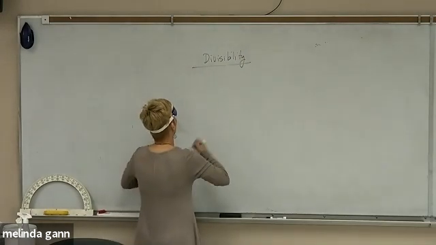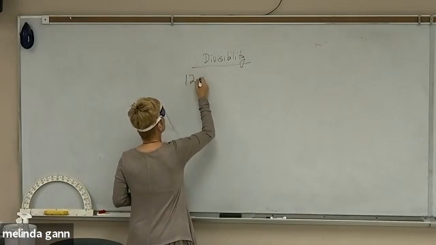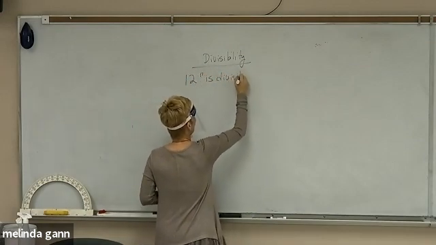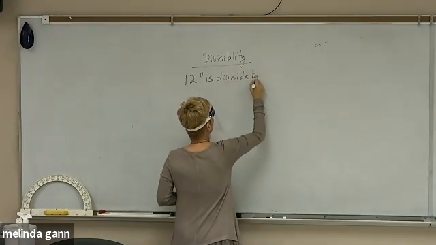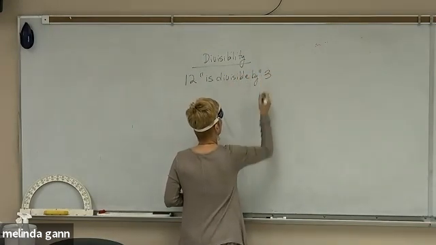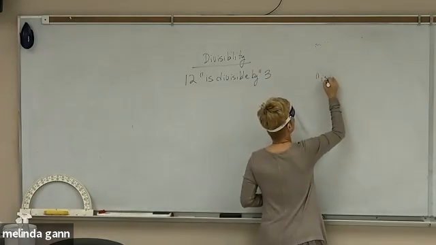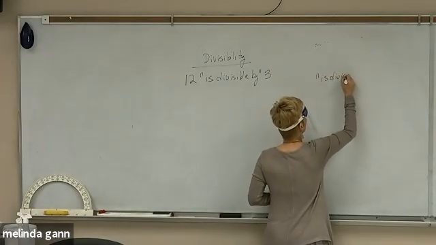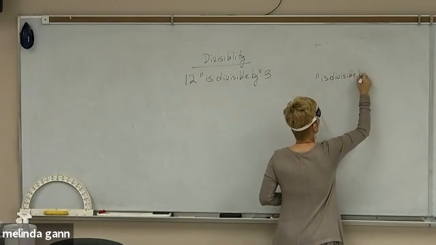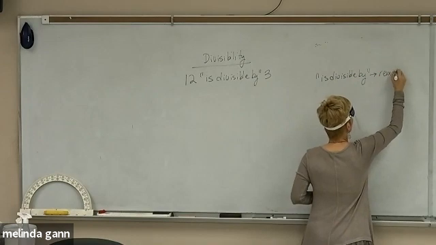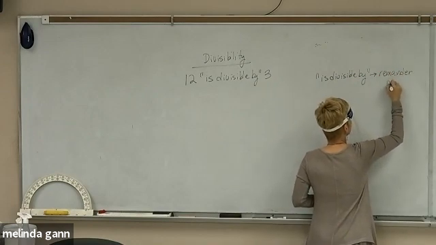When you say the phrase "is divisible by," that implies a remainder of 0. So the remainder must be 0.